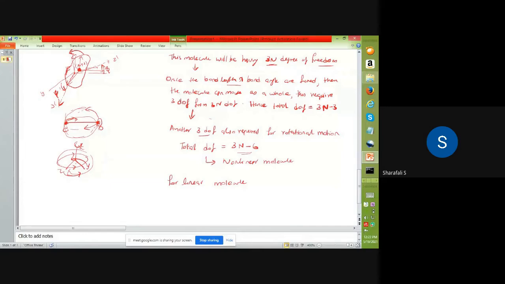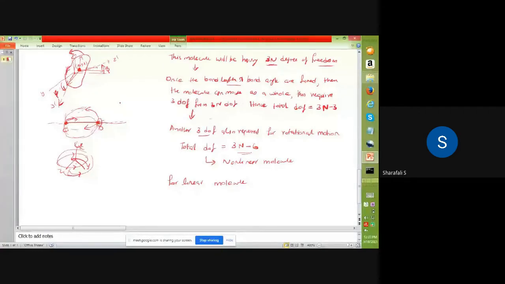But in the case of carbon monoxide or any linear molecule, if you rotate the molecule about this axis, there will not be any change. That kind of rotation will not produce any change in the rotational energy of the system. So about that axis we will not have any change in energy, even if you rotate, so that rotation is not possible.